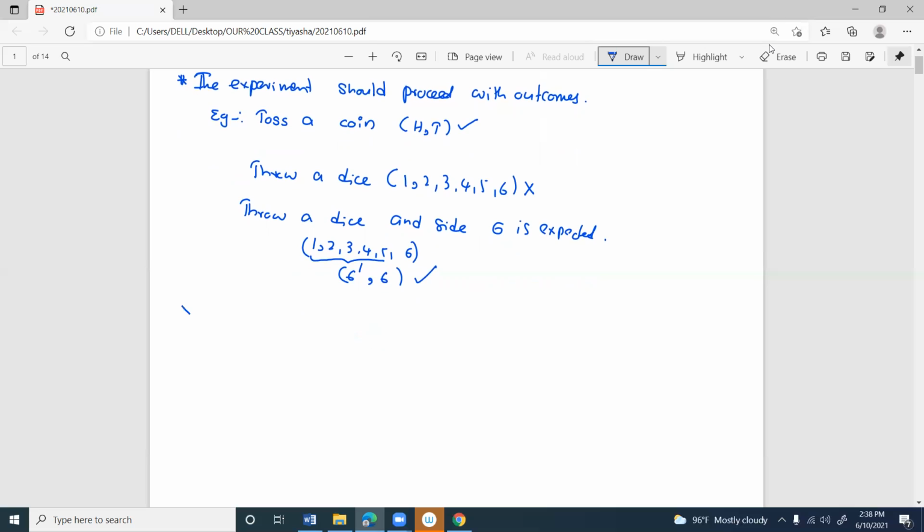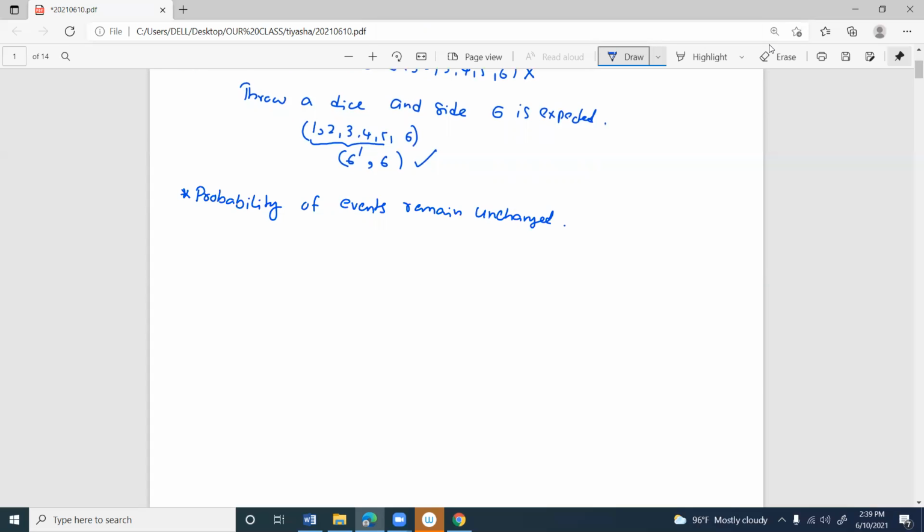The second one is probability of events remain unchanged. That's the second condition. Okay, this one. So you can see what kind of situation.